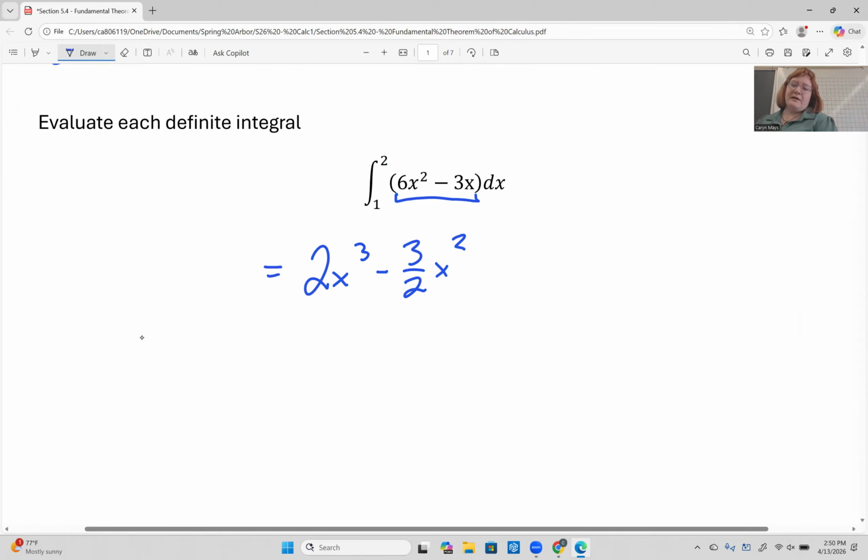And once we take the antiderivative, we change our notation. We put a long bar at the end, saying from 1 to 2. Largely it's notation of, hey, I've taken the antiderivative. This now means plug in 2 minus plug in 1.